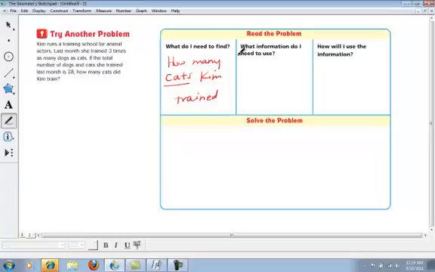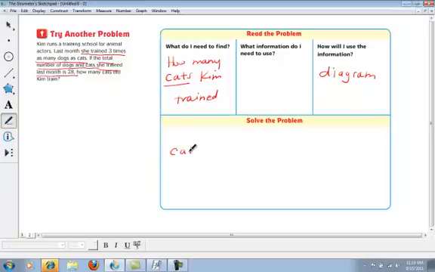What information do I need to use? Let's underline the important information. She trained 3 times as many dogs as cats. And the total number of dogs and cats she trained last month is 28. How am I going to use this information? Well, I think I'm going to draw a diagram again because that was pretty helpful.